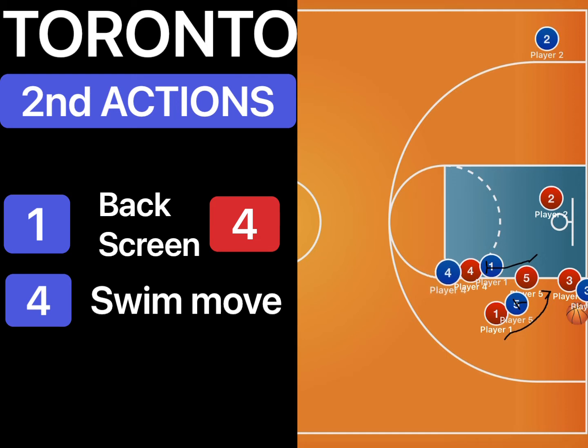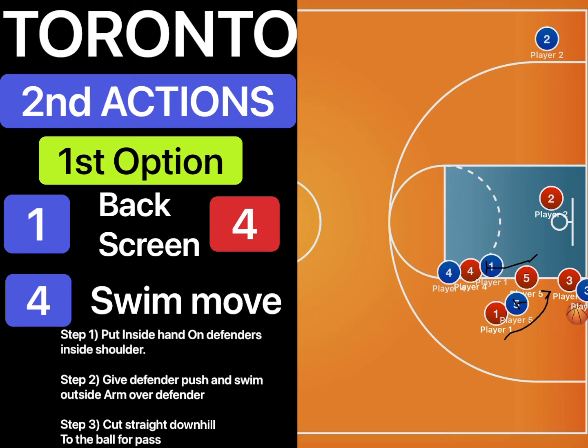Four has to step up into a position where four can put their left hand on the right side of their defender and execute a swim move using their left hand to push the defender to the right and be able to get a straight line down to the ball. And that's what we're looking for right here. That pass right there.